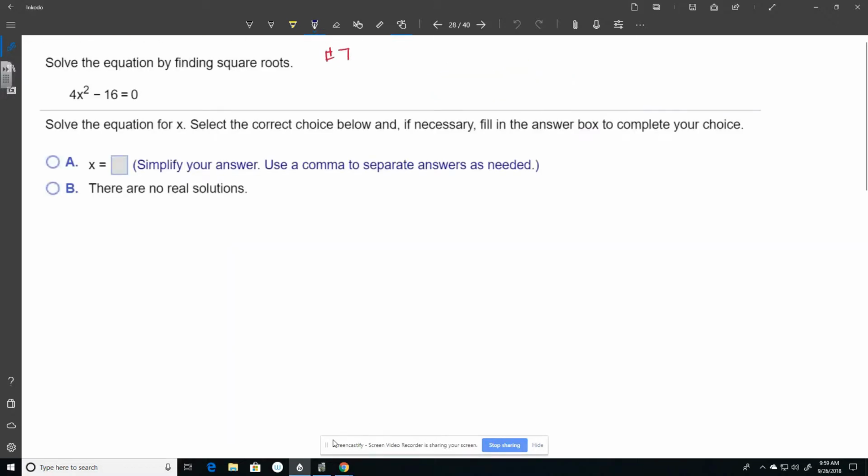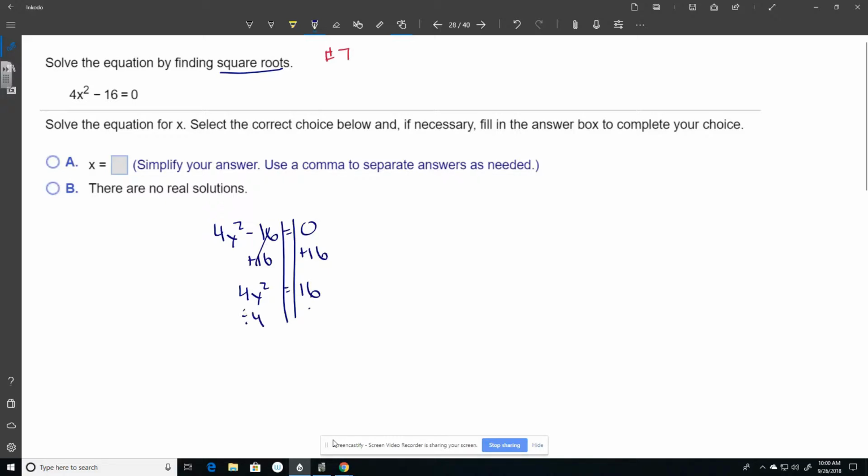Okay, number 7. Solve the equation by finding square roots. So 4x squared minus 16 equals 0. Again, square roots, it thinks, is the easiest way to do this one. I don't have to do it this way, but I'm going to trust that it knows what it's talking about. I add 16 to both sides. 4x squared equals 16.